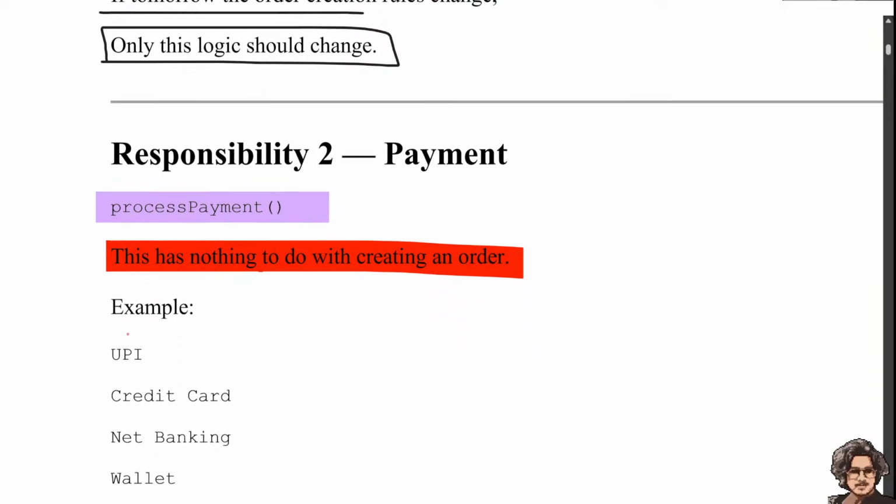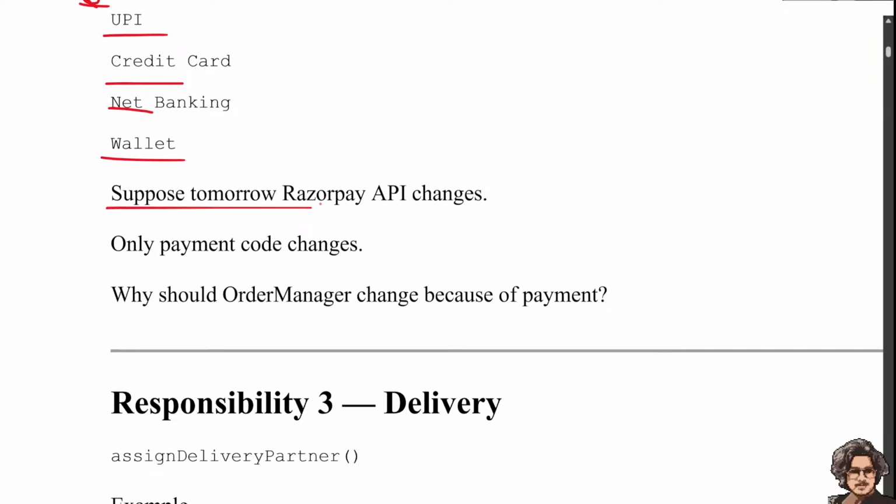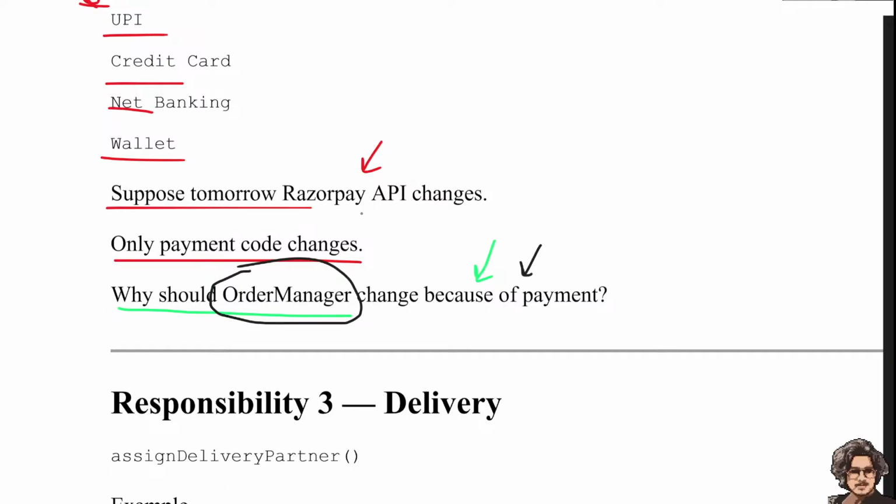For example, the payment methods are UPI, credit card, net banking, and wallet. Suppose tomorrow the Razorpay API changes, so only the payment code changes. Okay, not the order creation things. So why should the order manager change because of the payment? It's a matter of thinking why the order manager changes because of payment updates.